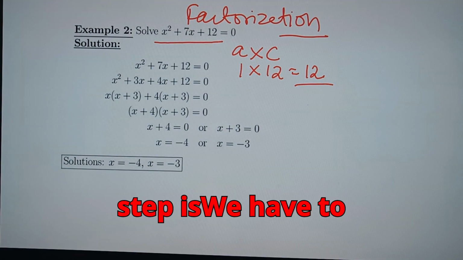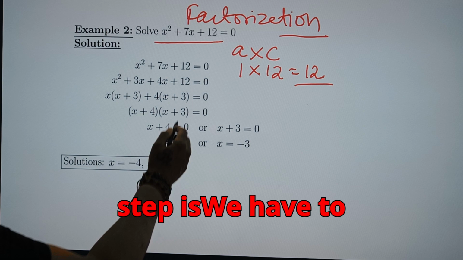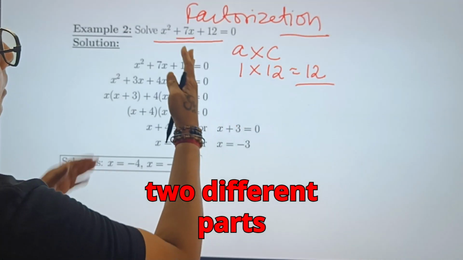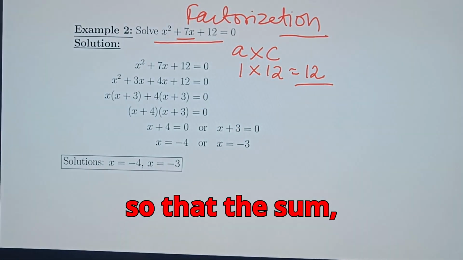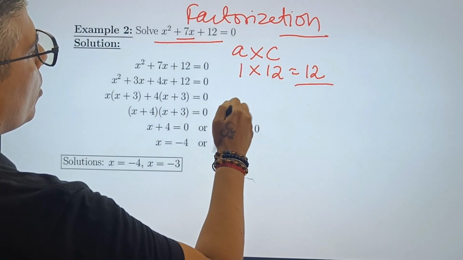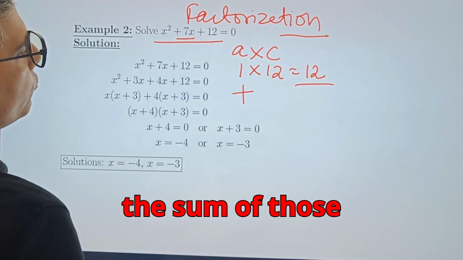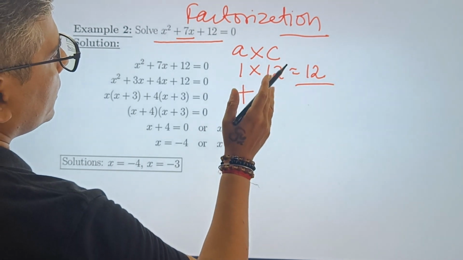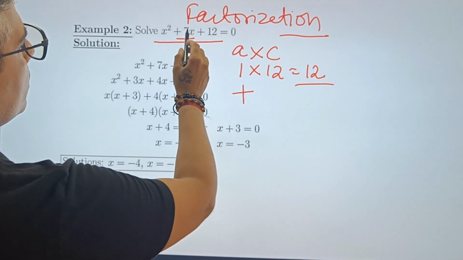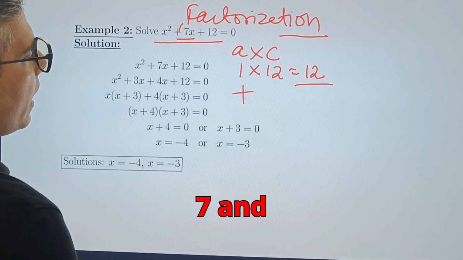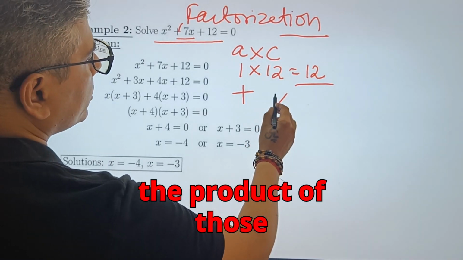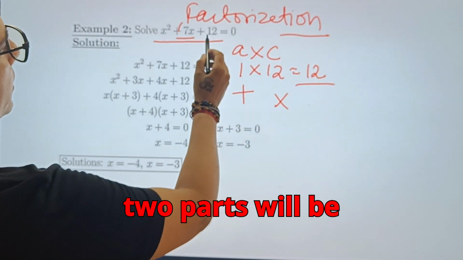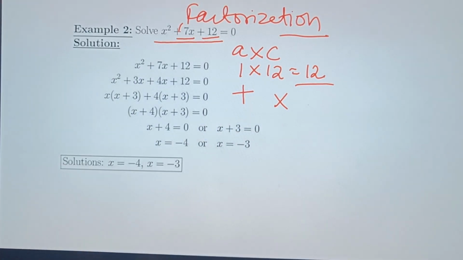Now our next step is we have to split this 7 into two different parts so that the sum of those two parts will be equal to 7 and the product of those two parts will be equal to 12.